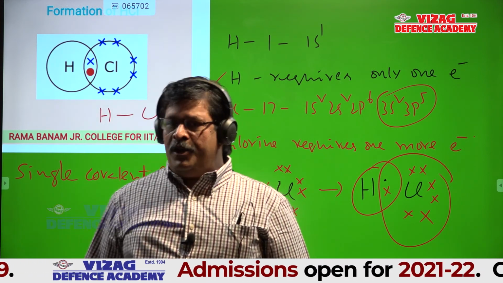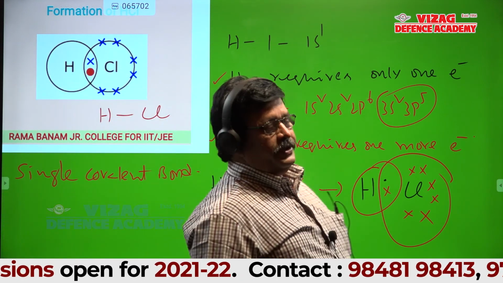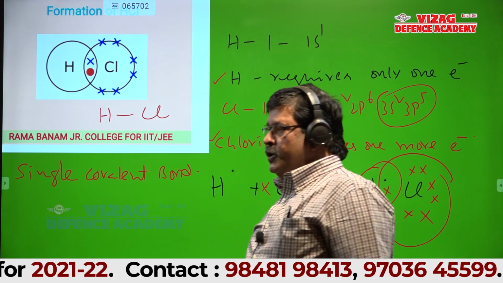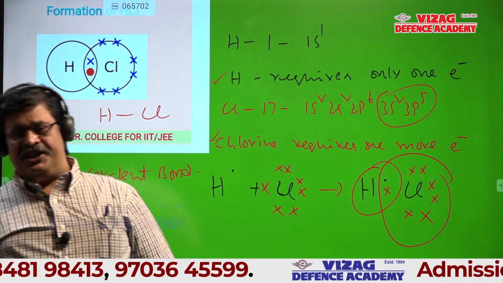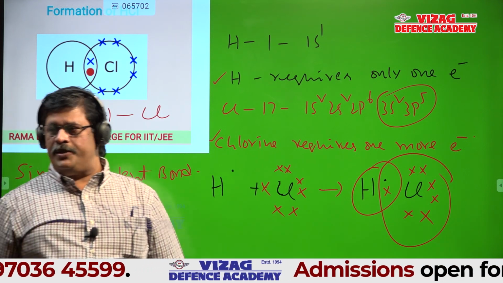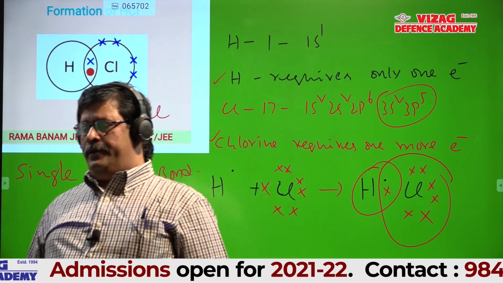So hydrogen and chlorine contribute one electron each and form a single covalent bond.